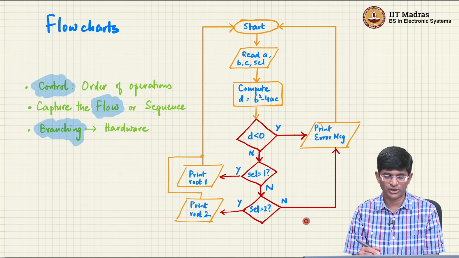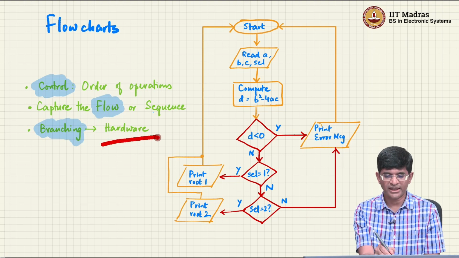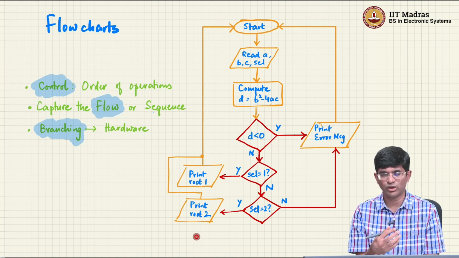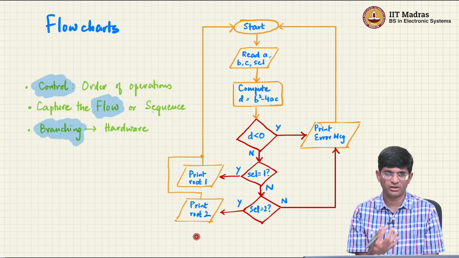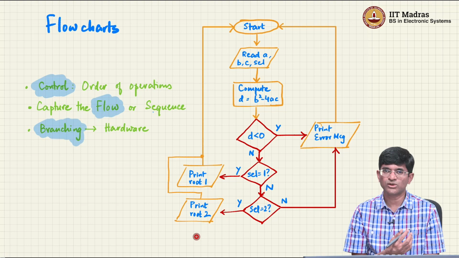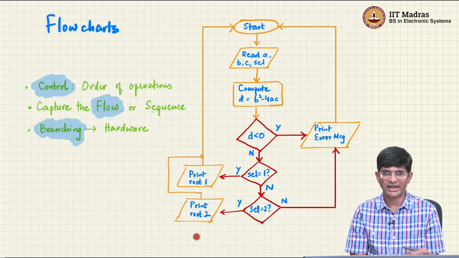Now, there is a reason for that. One of them is related to the fact that this is trying to in some sense mimic what the hardware can do, right? And typically what hardware is good at, we have already looked at the basic idea of what machine language or assembly language would look like. There can be so called branching statements, right? And branching statements in hardware are essentially going to compare one condition, and if the condition is true, do something.